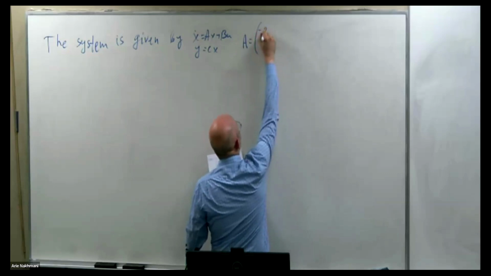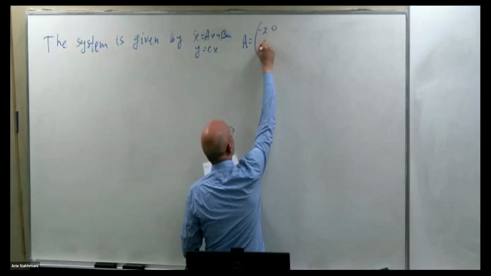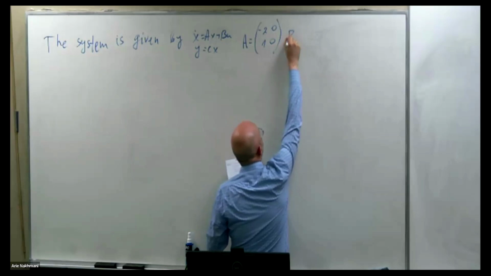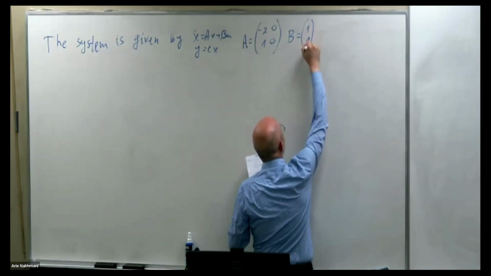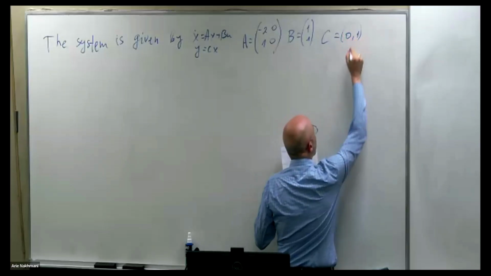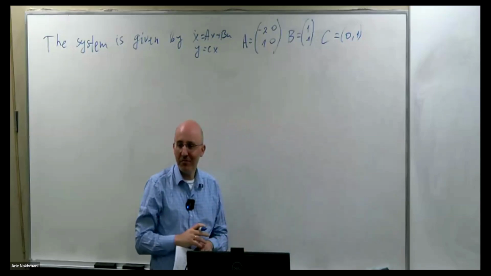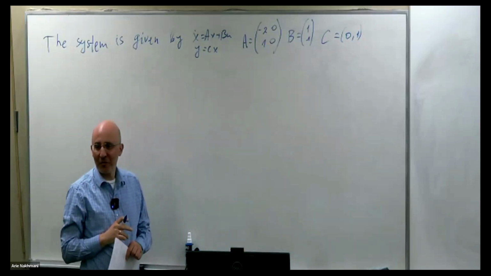A is -2, 0, 1, 0. B is vector 1, 1. C is vector 0, 1. Again, this is exactly the same system as we did with the Riccati equation.